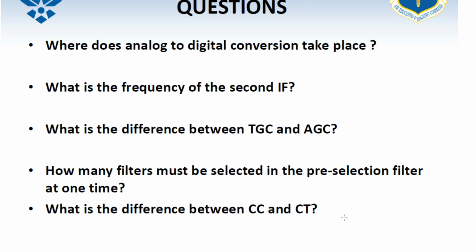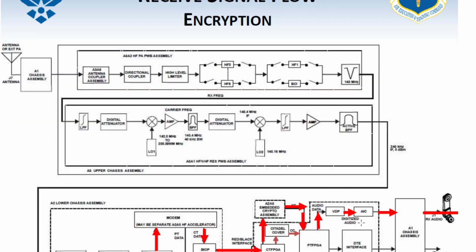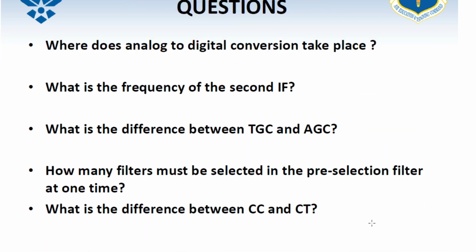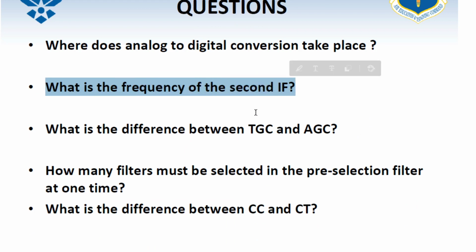A2 lower chassis assembly, A2, A1 specifically. Yes, sir. And what is the frequency of the second IF? Remember, this is receive now. 240. 240, very good. 240 kilohertz, outstanding.